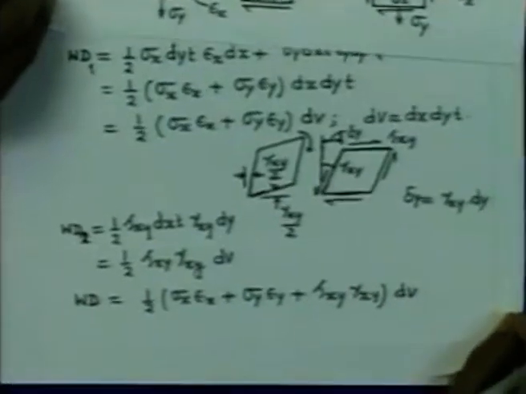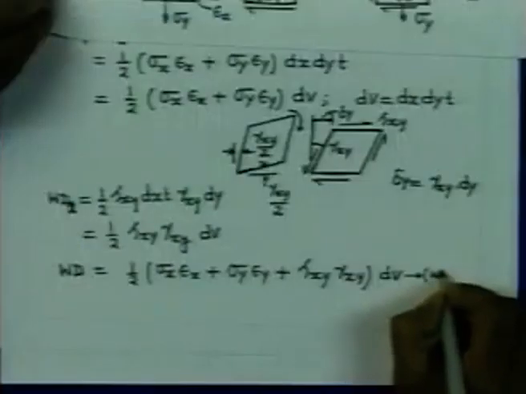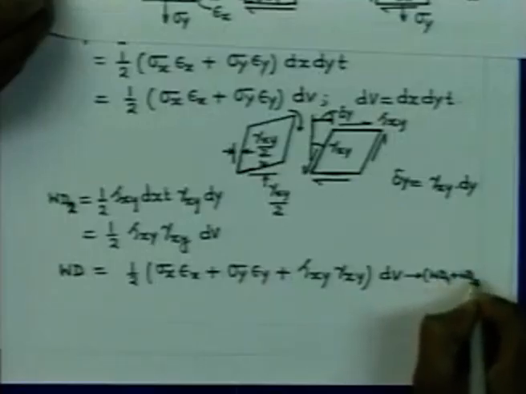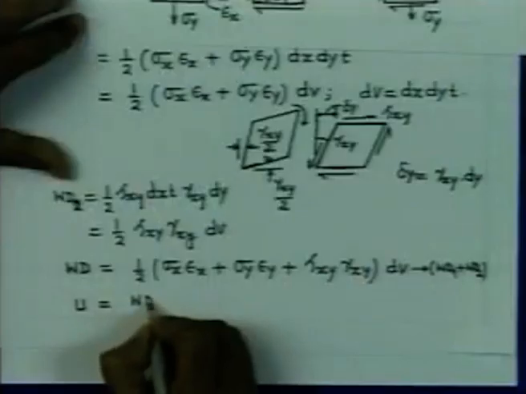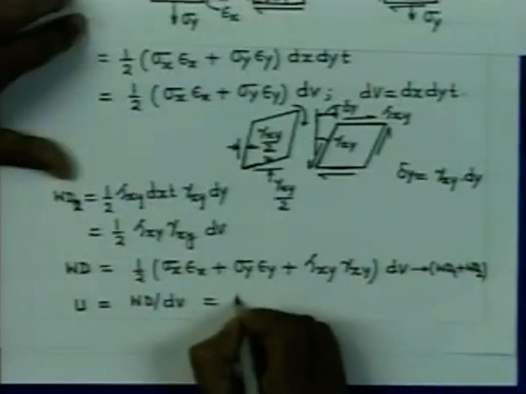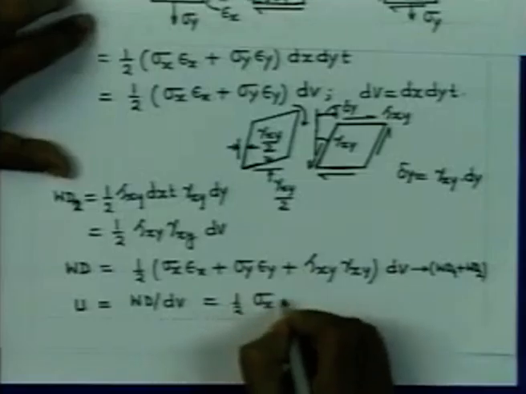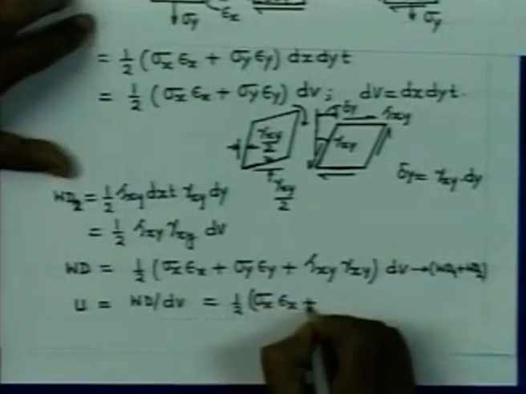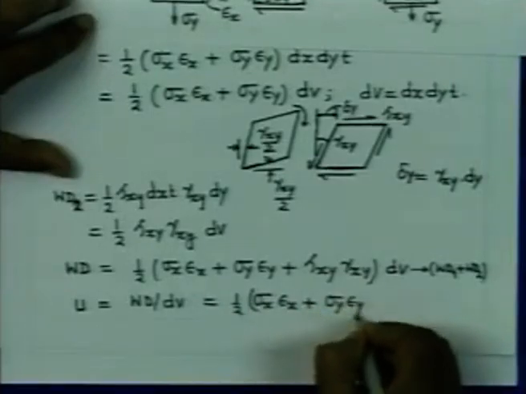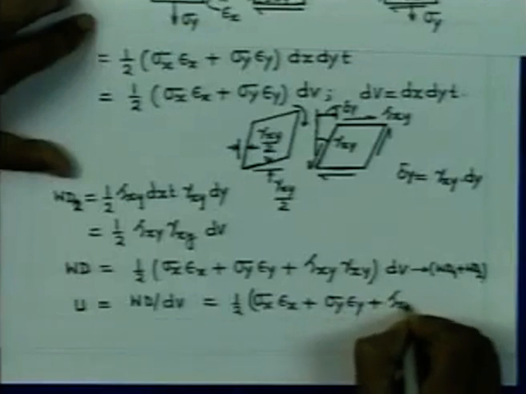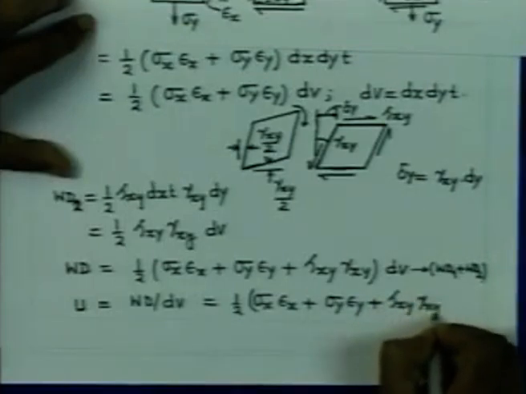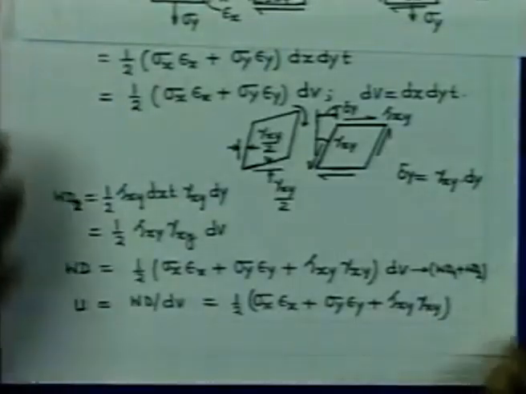So, the total energy is the sum of these two, obtained from Wd1 plus Wd2, and the strain energy density, which is energy per unit volume, Wd by dV, comes out to be half of sigma x into epsilon x plus sigma y into epsilon y plus tau xy into gamma xy.